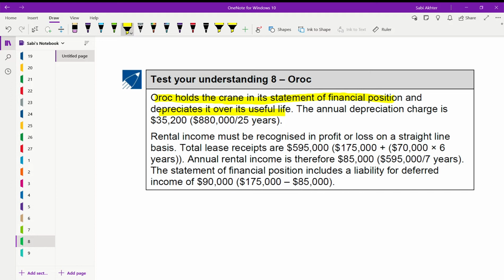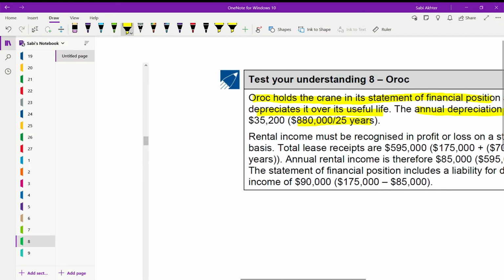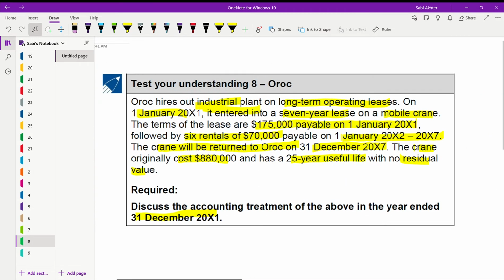What is the annual depreciation charge? 880,000 divided by 25 years. The cost divided by 25 years. Don't think about a right of use asset now. They originally have the asset.